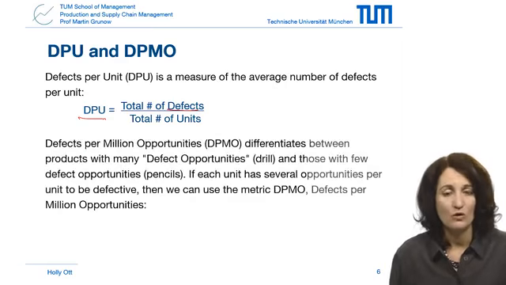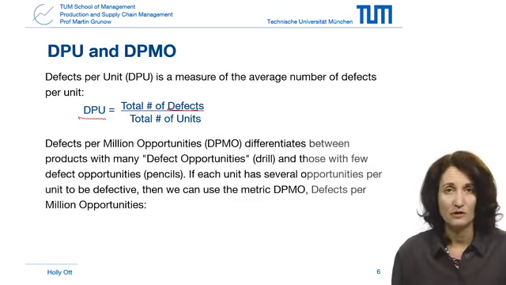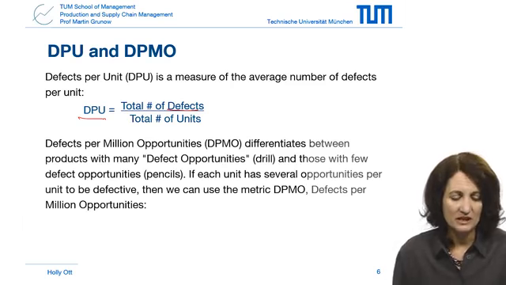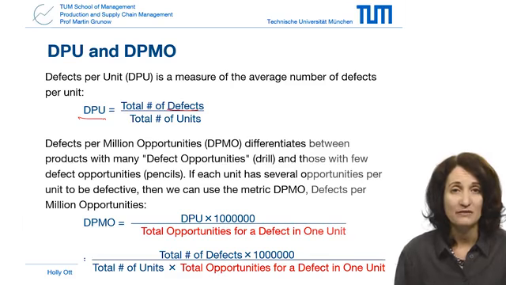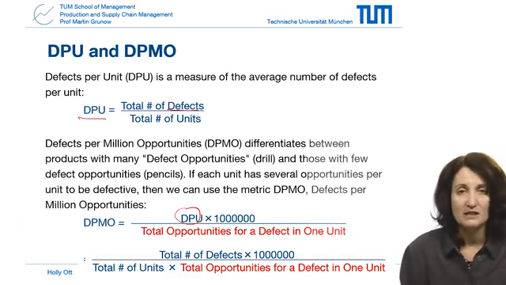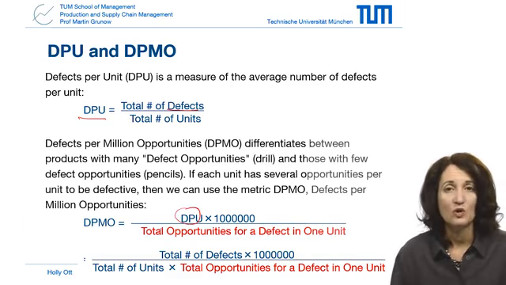The DPMO, or defects per million opportunities, is a metric which differentiates between products with many defect opportunities, like our drill, and those with very few defect opportunities, which is our pencil in this example. If each unit has several opportunities, so critical to quality characteristics, to be defective, then we can talk about DPMO as the defects per million opportunities equal to our DPU times a million divided by the total opportunities for a defect in one unit.